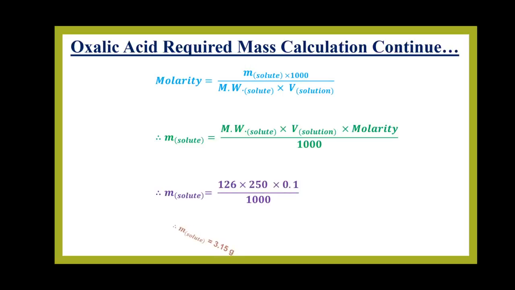You will get the mass of solute equal to 3.15 gram. Means if we want 250 ml solution of oxalic acid having 0.1 molar concentration, then we have to add 3.15 gram of oxalic acid, right?